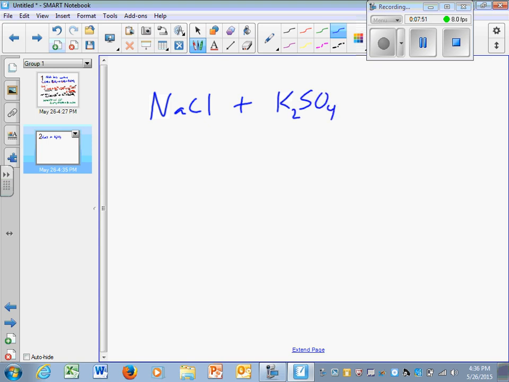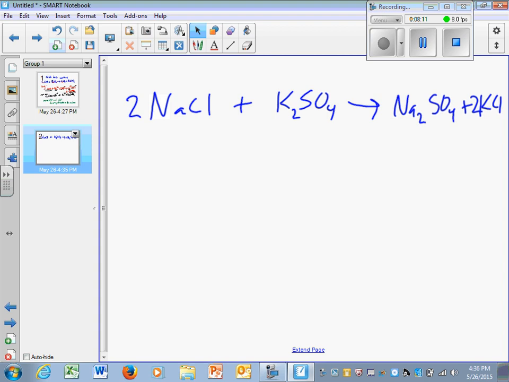That'll work. Okay? So we know it's a double replacement reaction. It's going to make sodium sulfate plus calcium chloride. It's 2 calcium chlorides and 2 sodium chlorides, because you guys know how I feel about unbalanced equations. Okay? We're going to make our ionic compound.